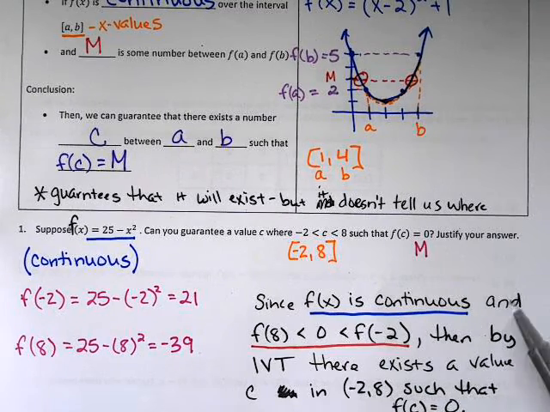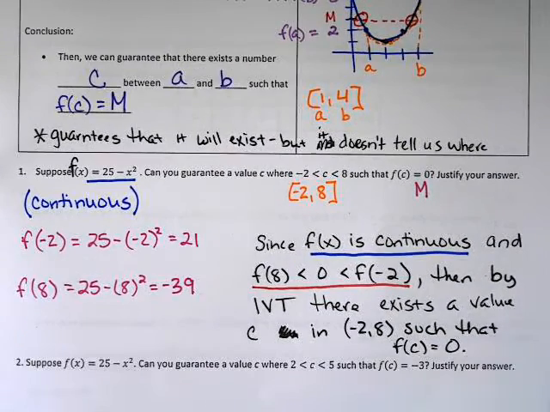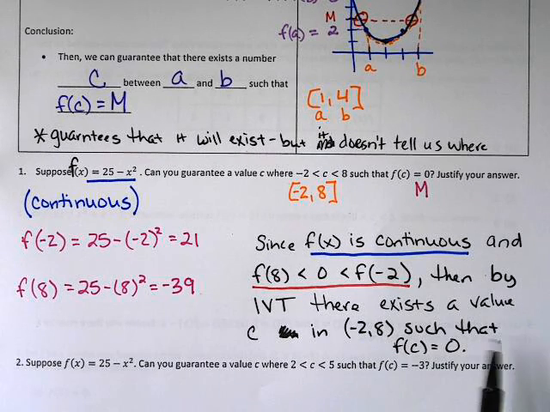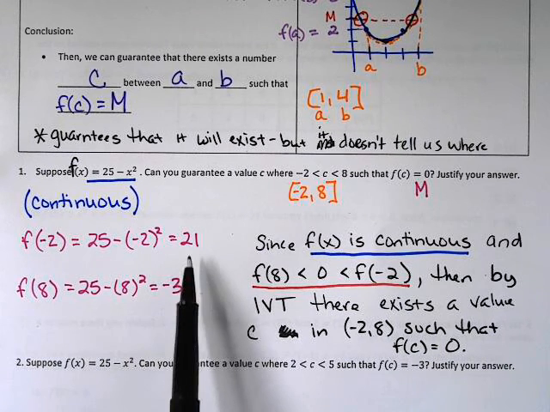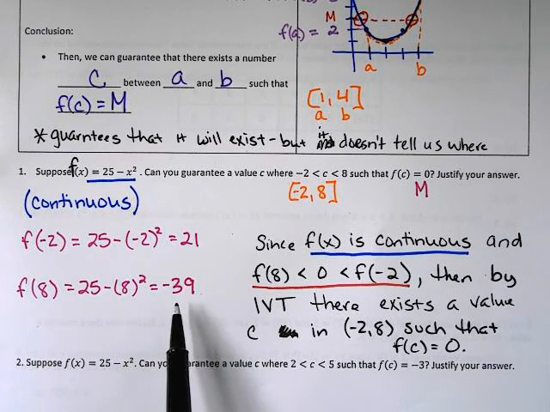So we started with our two conditions and then we were able to go to our conclusion. So there's a value c in this interval such that f of c equals 0. And that's because from 21 to negative 39, we had to have crossed the x-axis at some point.